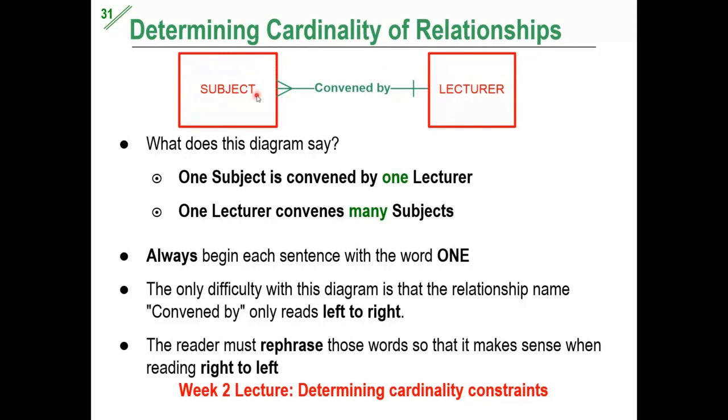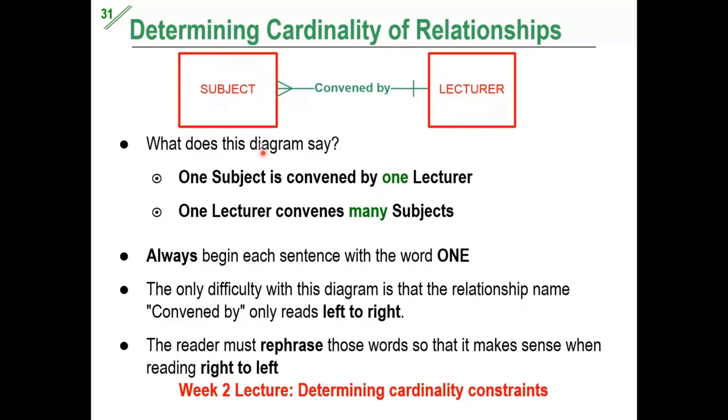One subject, how many lecturers convene the one subject? How many conveners do we have in INF10004? One convener, that is me. So one subject is convened by one lecturer. So that is the cardinalities, how it is associated with this.